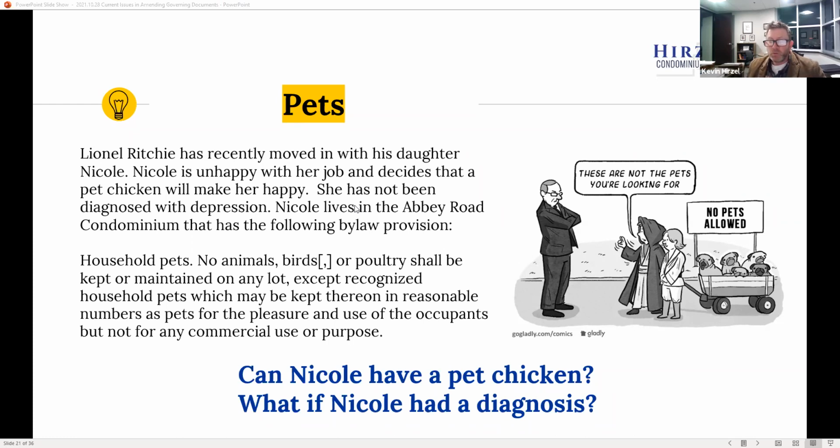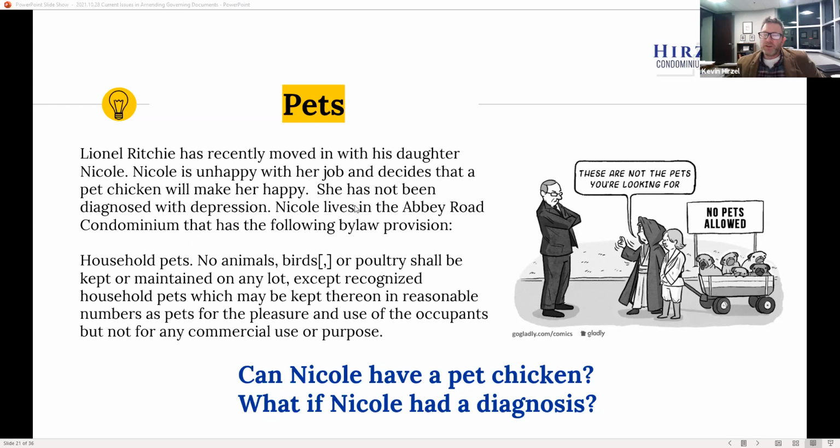One is how well drafted your documents are, meaning do your pet restrictions preclude what you want? In our situation here, the pet chicken would be expected to be prohibited if it was a pet, because it's poultry. So in theory, if it was considered a pet, she cannot have the pet chicken.